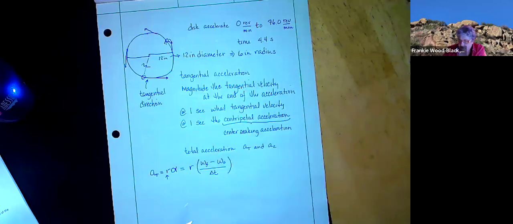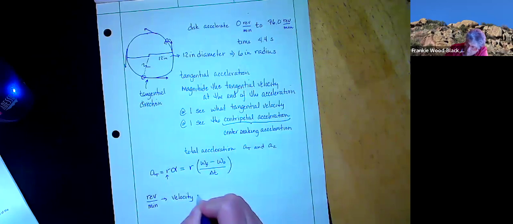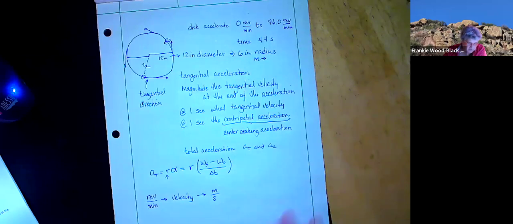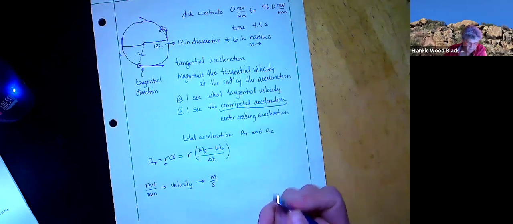The other issue is that the speed, revolutions per minute, is a velocity, but we're going to want this in meters per second. We're also going to want the radius in meters. So we've got to do some unit conversions. Let's do our unit conversions first.